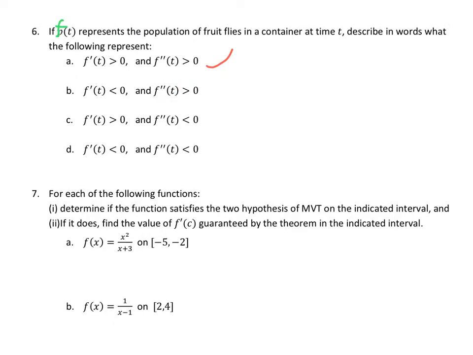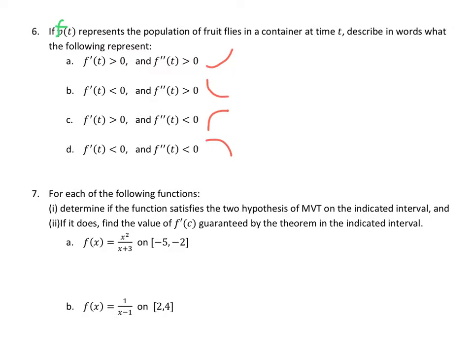So here we're decreasing, concave up. For this guy, we are increasing, concave down. So increasing, concave down. For this guy, we are decreasing, and we are concave down. So we're decreasing, concave down. There's our 4 possibilities. So what does this mean?